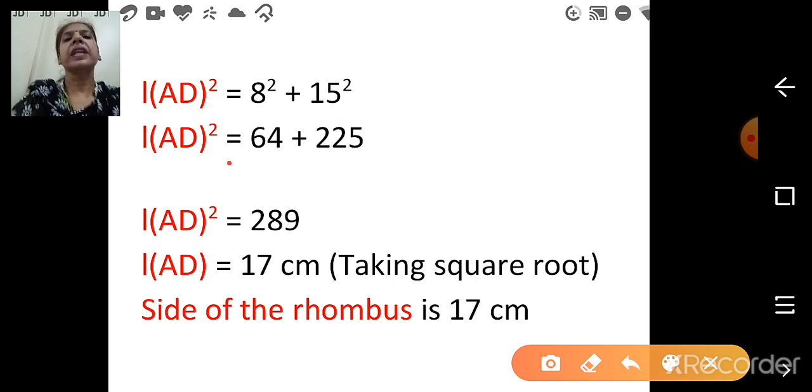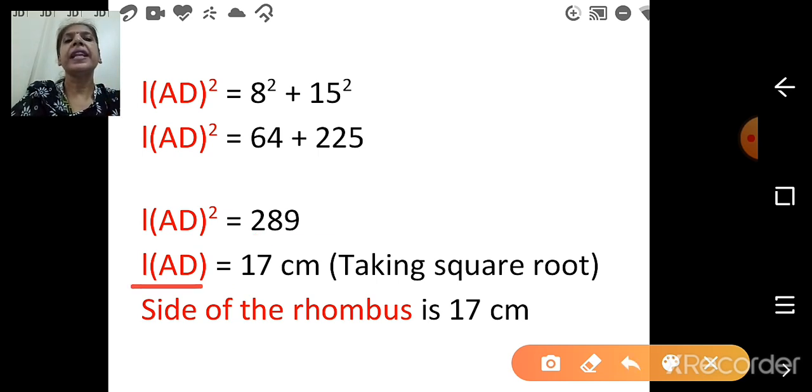Now 8 square is 64. Square of 15 is 225. You are asked to learn the squares, right? So length AD square is equal to, add 64 with 225. So what is the answer? 289.